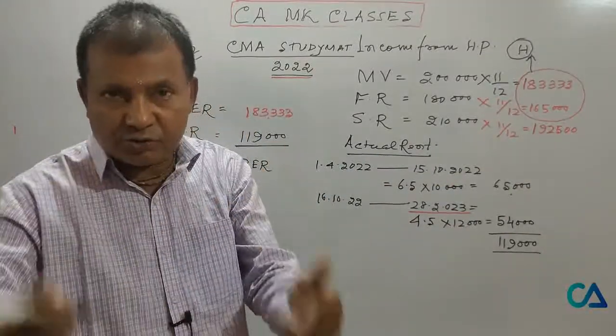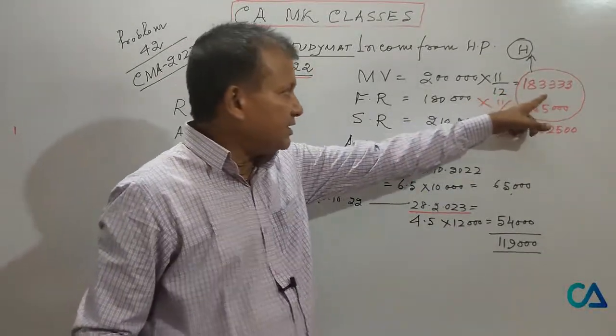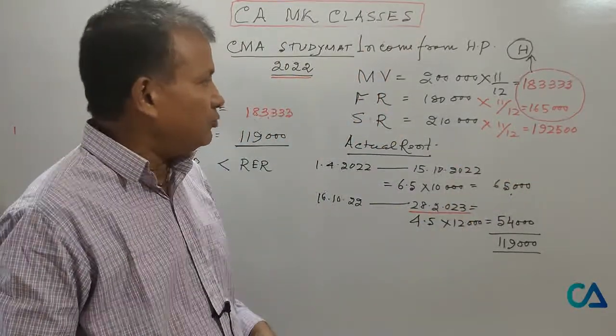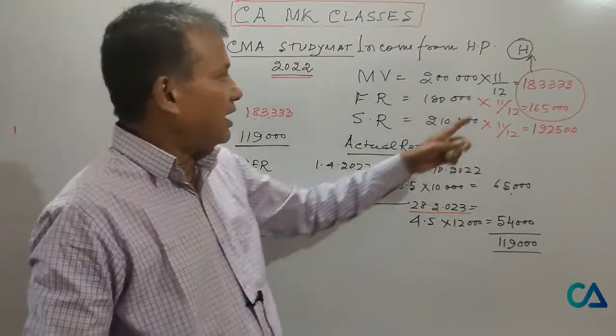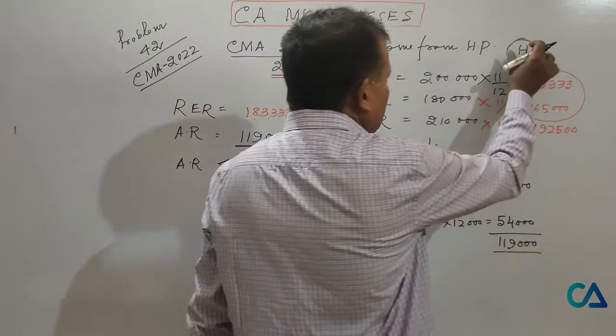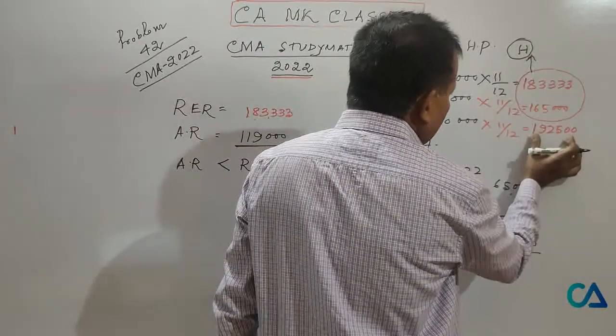This is step 2: this higher value is compared with standard rent of 1,92,500, whichever is lower.